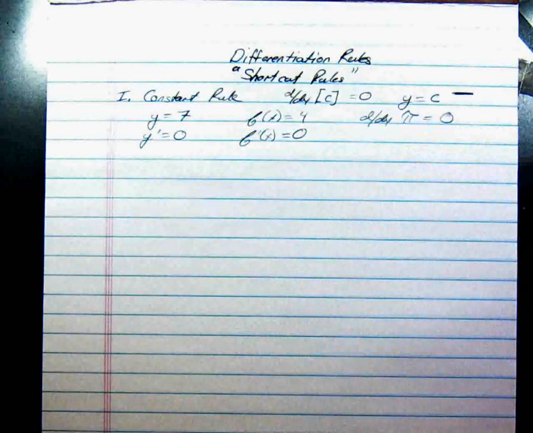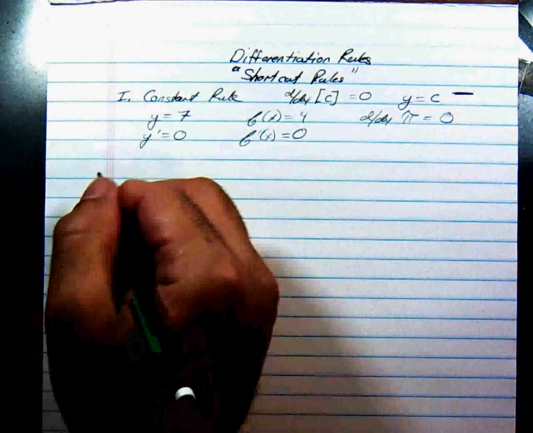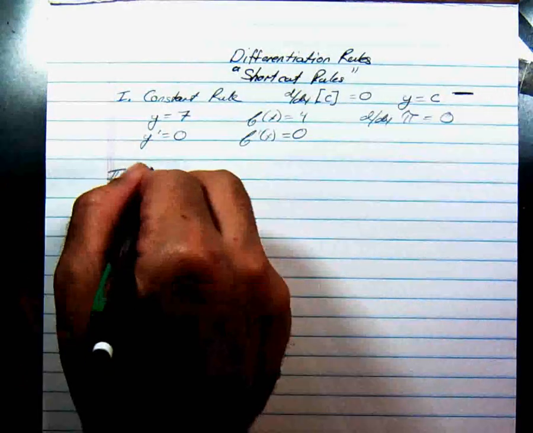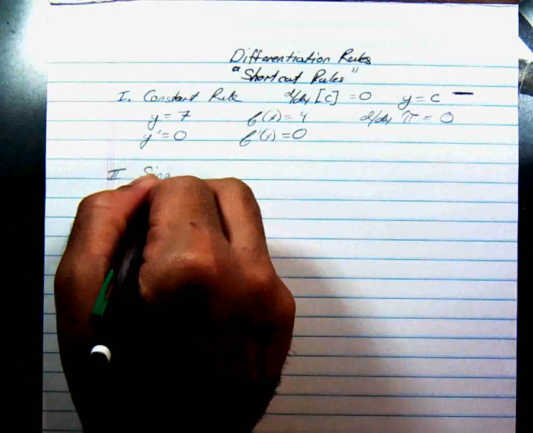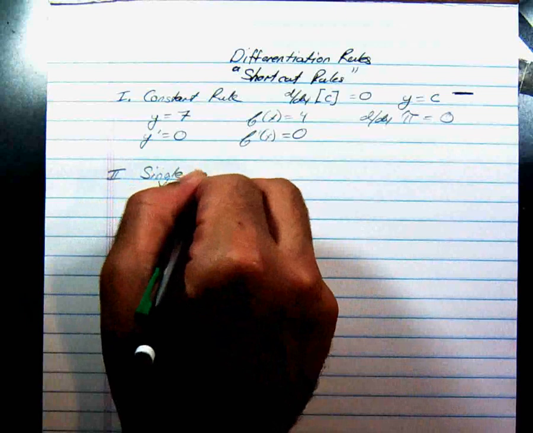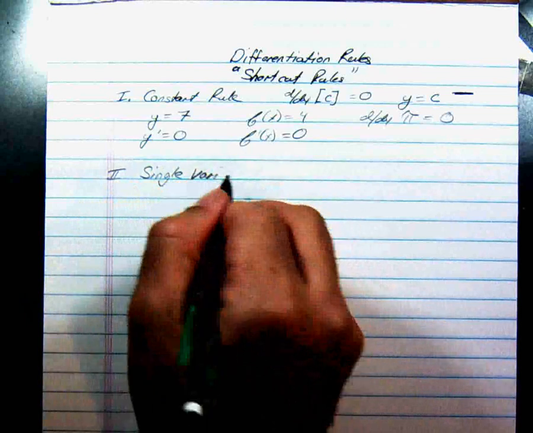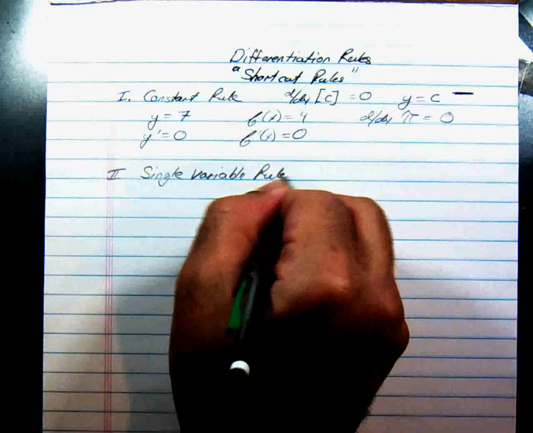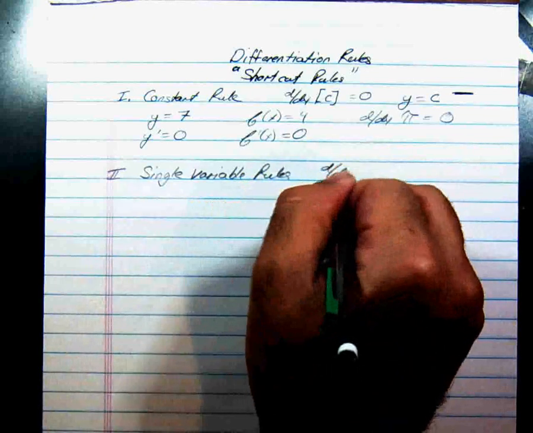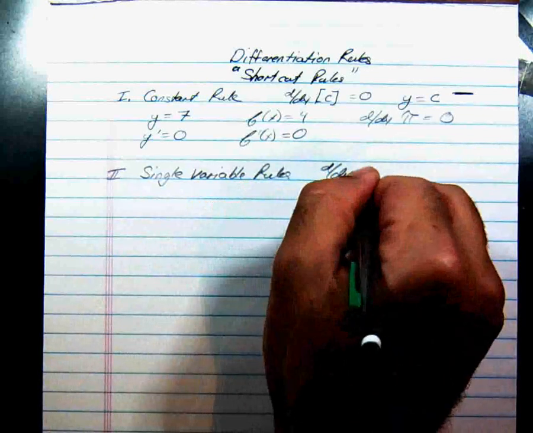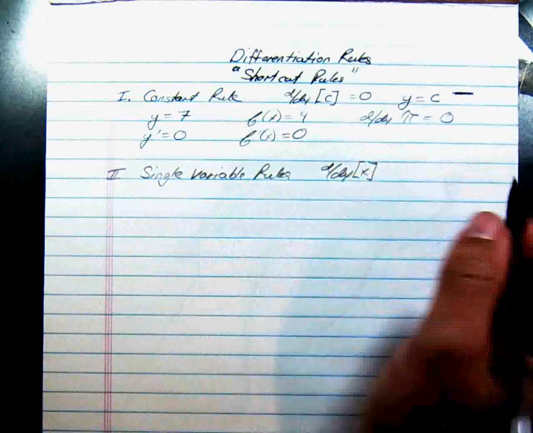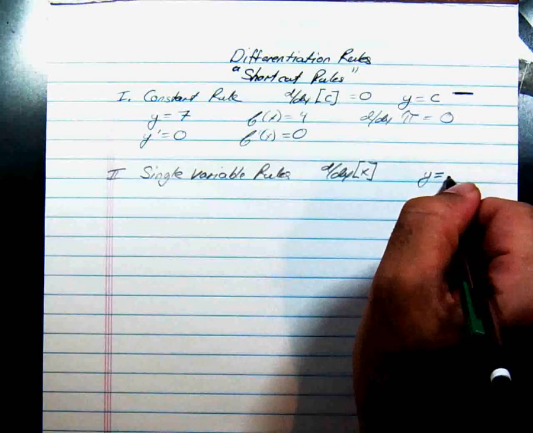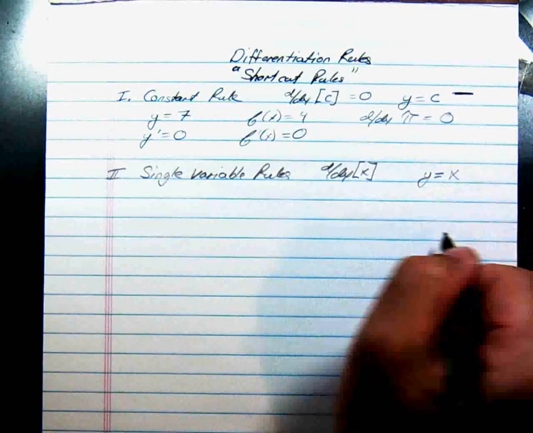Okay? All right, our next rule is we're going to call our single variable rule. And if I were to say to you, what is the derivative of any variable? Well, think about it for a second and say, all right, what would the slope be if I graphed y is equal to x?